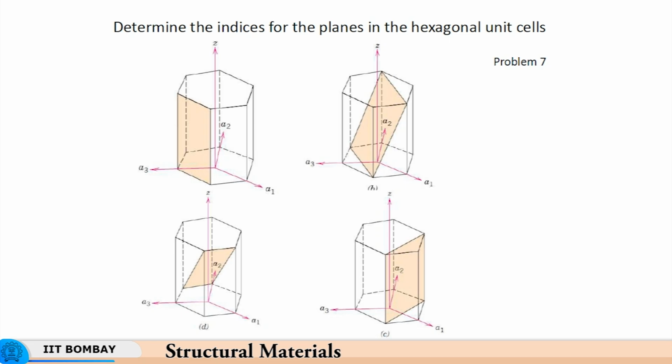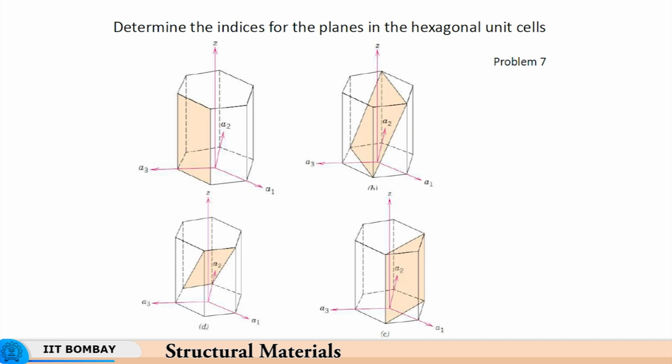Now, you use the lecture notes for finding the Miller indices for a hexagonal HCP structure, hexagonal close pack structure or hexagonal unit cell. So, for this plane you have A1, it is parallel to A1, A3 you have an intercept of 1, and it is again parallel to the z axis.